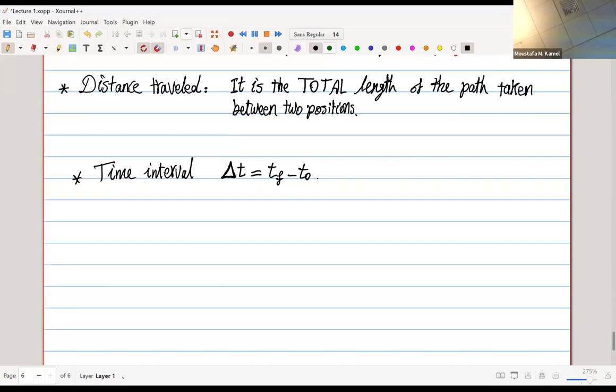So if we have a car starting its motion from traffic light to another traffic light, let's draw that. So let's call that the origin at the first traffic light, and there's the car. And after 1 kilometer, the car is here.